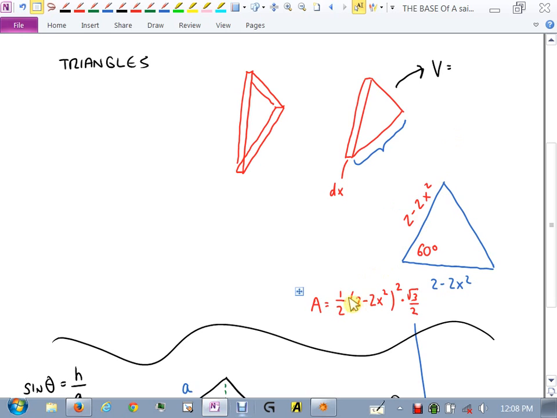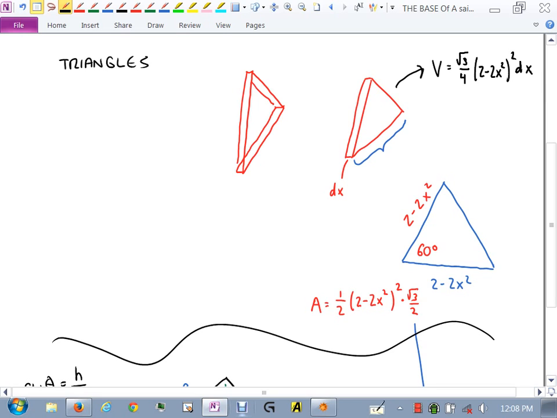It's this right here times dx. So how about we write √3/4 instead of having those constants separated: 2 minus 2x squared, squared, dx. That's the volume of that one little piece.